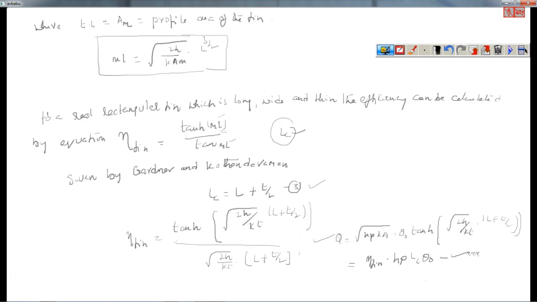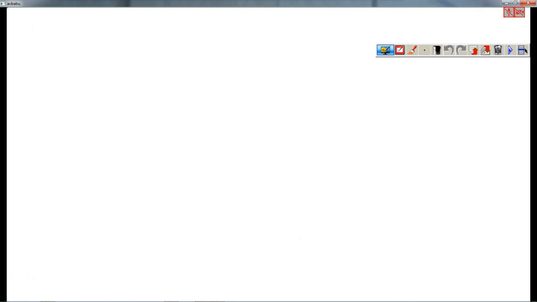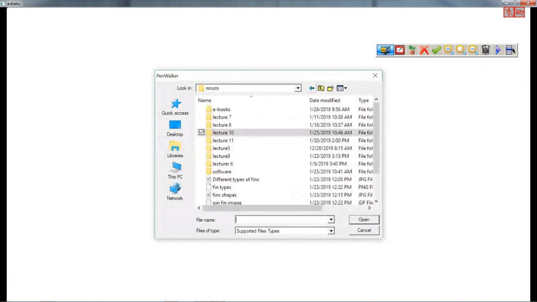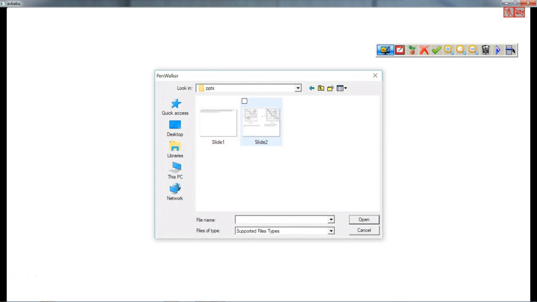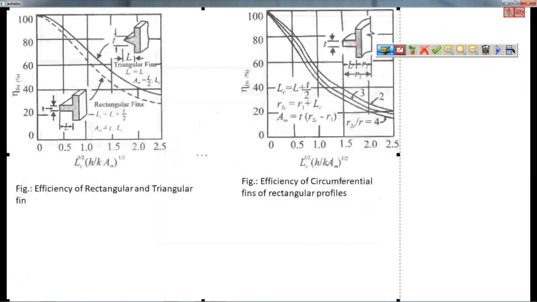These are some of the procedures I have talked about. Now we want to calculate Lc and Am for a straight rectangular fin. Now I'll insert some graphs and pictures here.